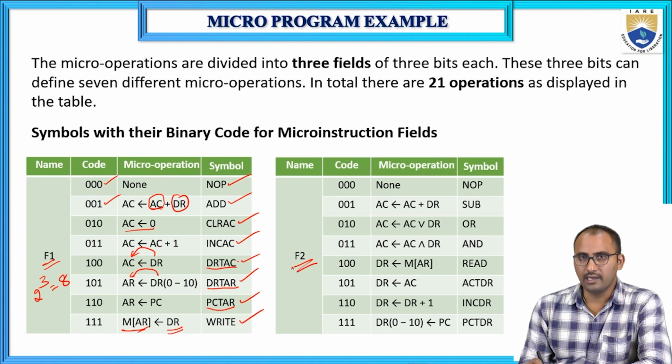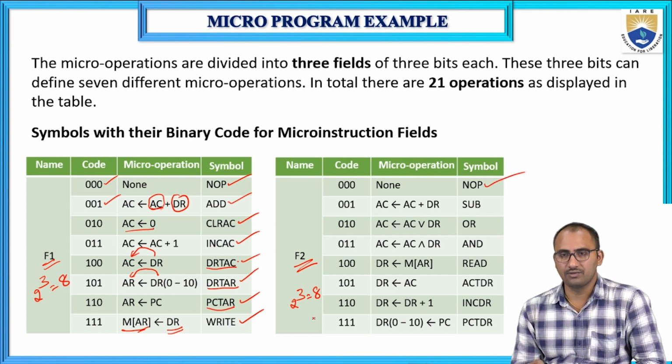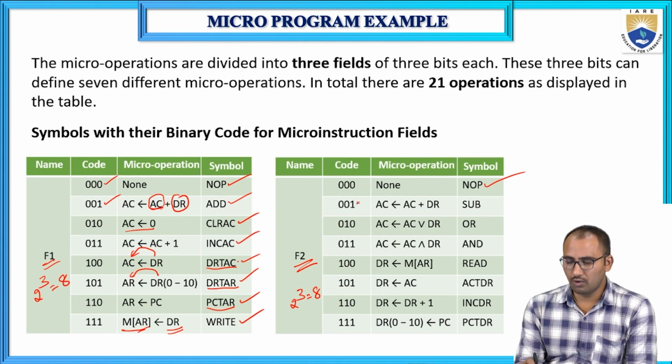Similarly, coming to F2. In the F2 field also we have 3 bits, and in total we can perform 2 power 3, that is equal to 8 micro operations. In that, the first one is a NOP. We are not using the first one. 001 performs subtraction. 010 performs the OR operation. 011 performs AND. 100 performs a read operation.